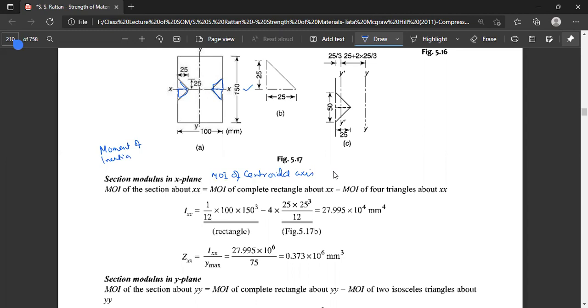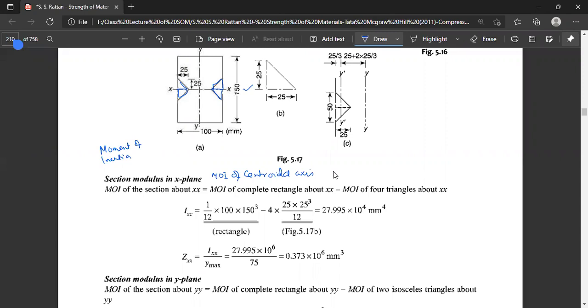So this moment of inertia will come out as 25.995 into 10 to the power 4 mm to the power 4. And the Zx means the moment of inertia divided by the distance of the maximum fiber, which is half of the height of the rectangle, that is equal to 75.